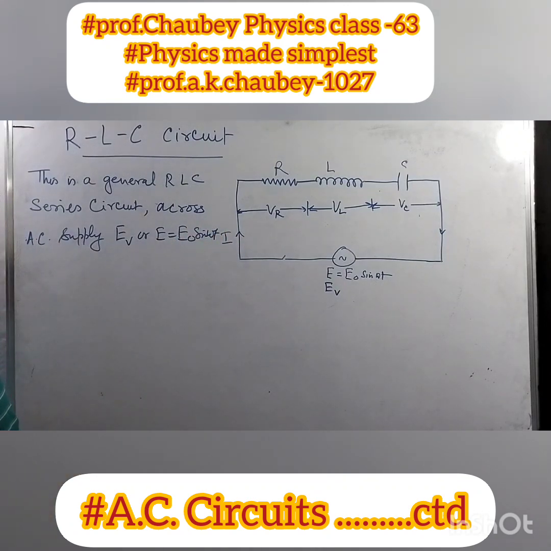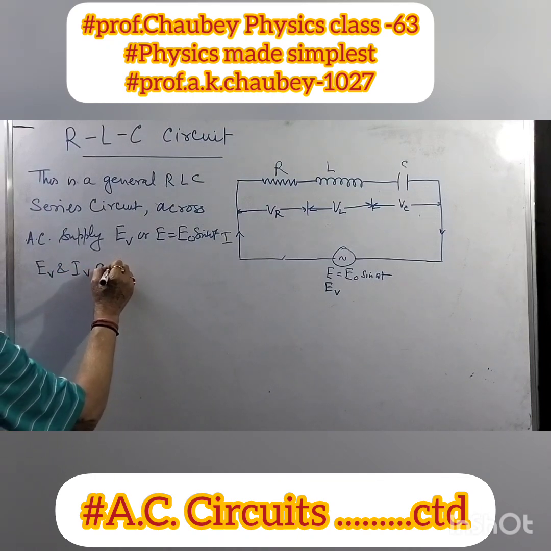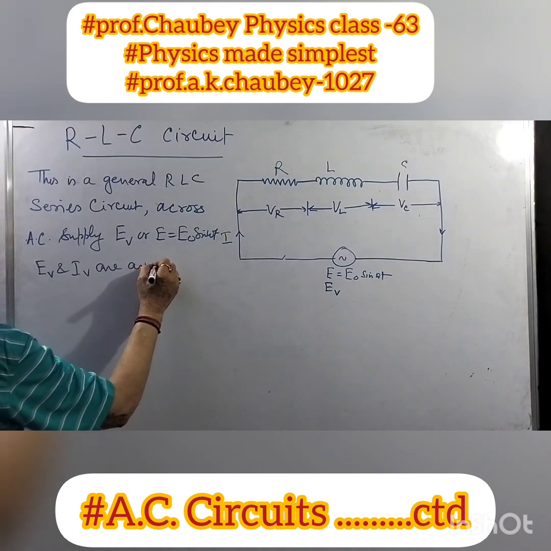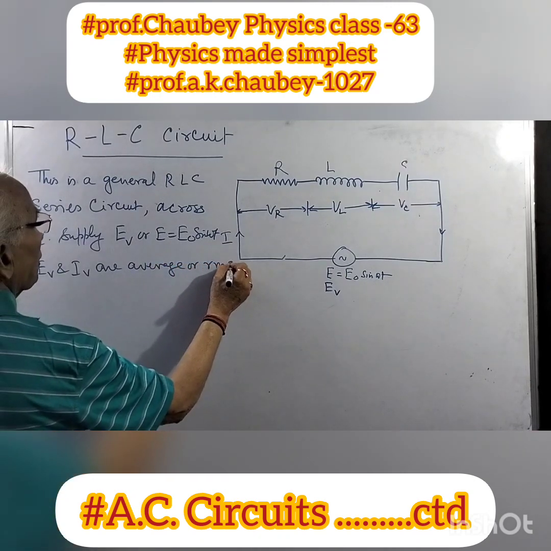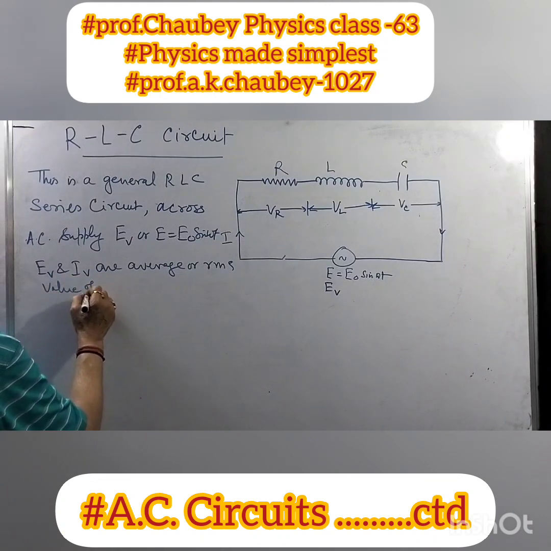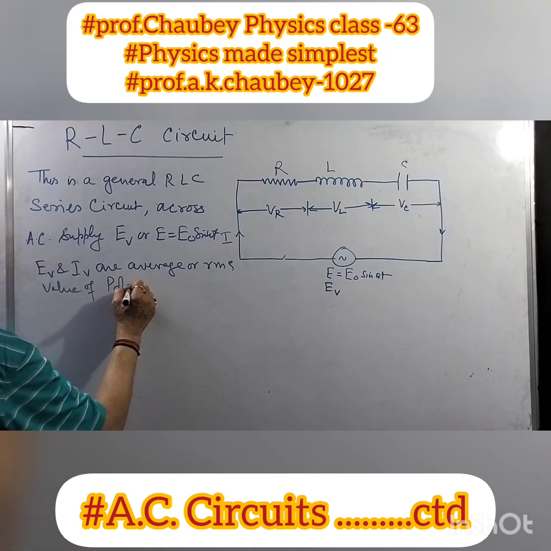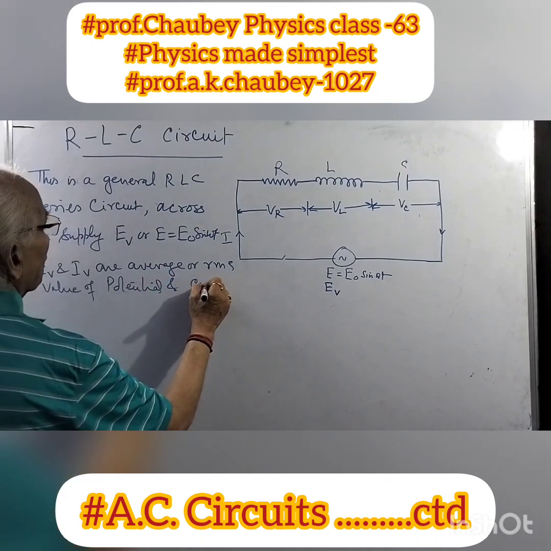And EV and IV are the average or RMS value of potential and current.